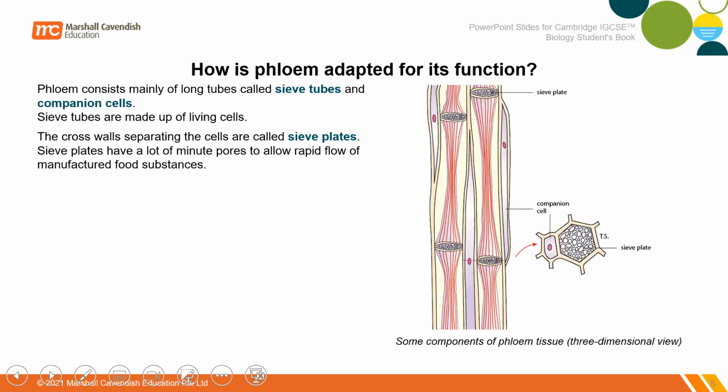This is the structure of the phloem. I mentioned that we have sieve tubes and sieve plates, and the sieve plates have a lot of minute pores to allow rapid flow of food substances.